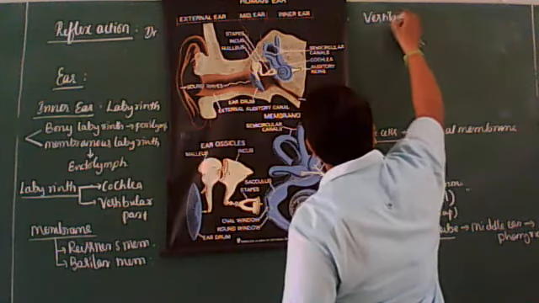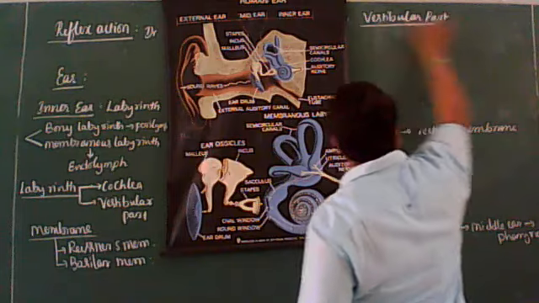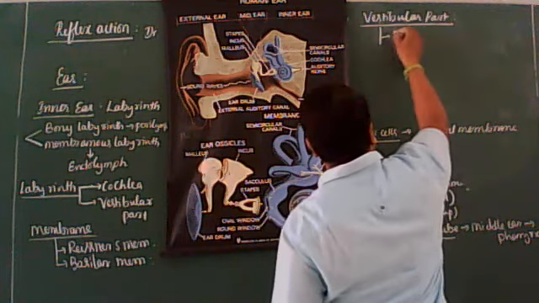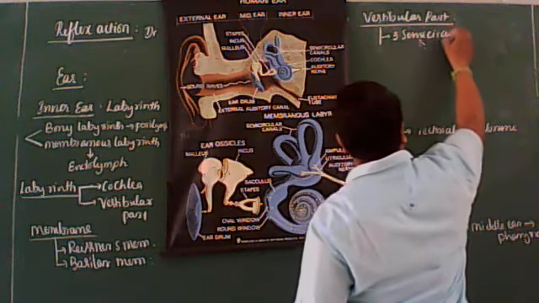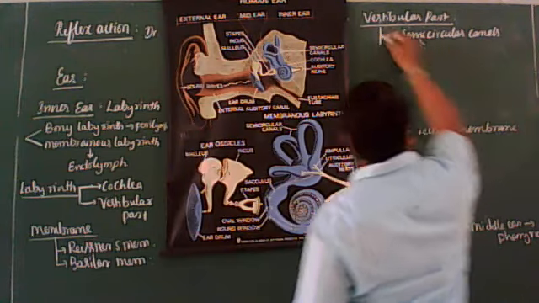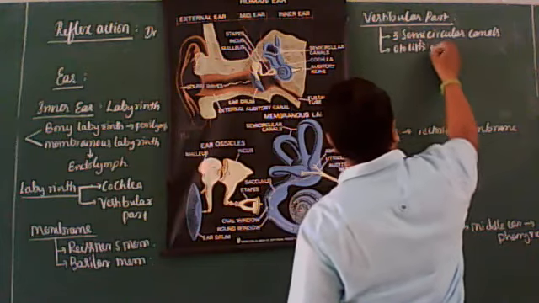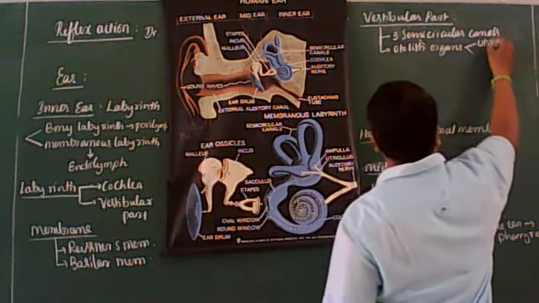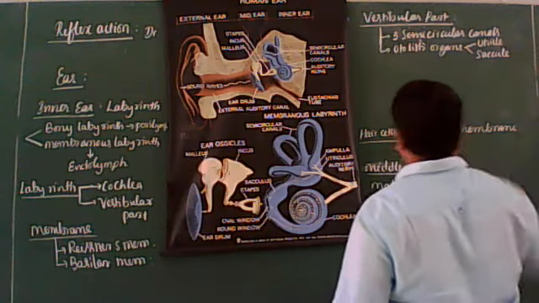Vestibular part. This is the most complex part of the ear, lying above the cochlea. As I said, it consists of three semicircular canals and otolith organs. Otolith organs are the utricle and saccule.